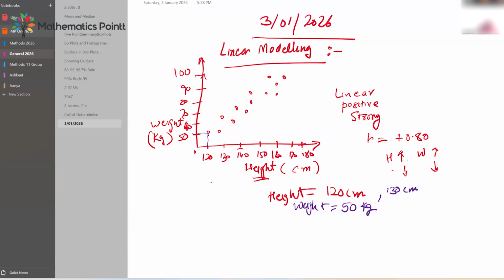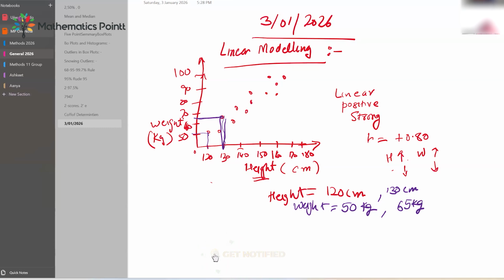And I'll say, hang on, let me check whether that person with 130 centimeters was there in my experiment or not. Oh, yes, I had one. The weight of this person was 65 kilograms. Cool.